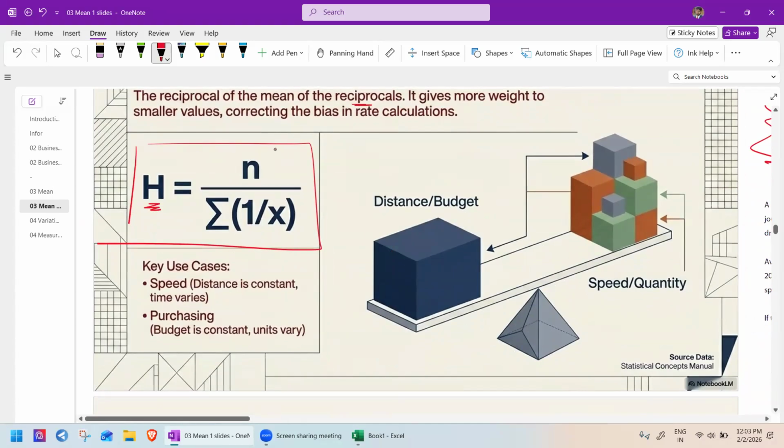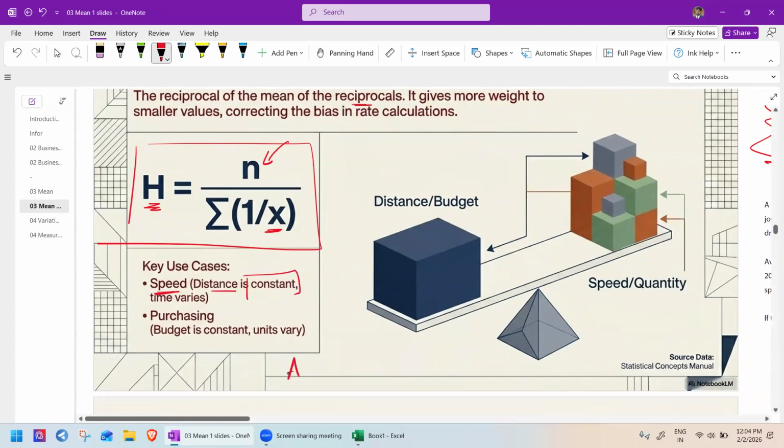Harmonic mean equals the number of observations over the sum of the reciprocals of the values. So what are the use cases? It is suitable for finding speed, where the distance is constant.